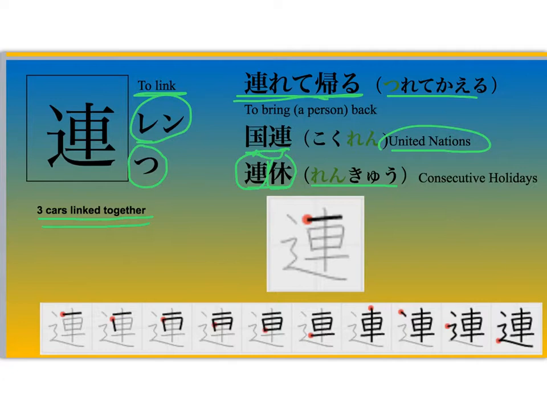So start out with the car, 1, 2, 3, 4, 5, 6, 7, and then 8, 9, 10.